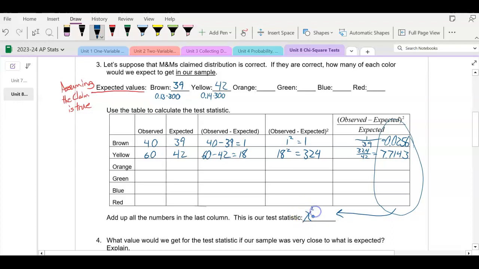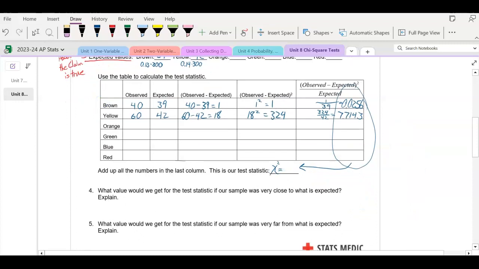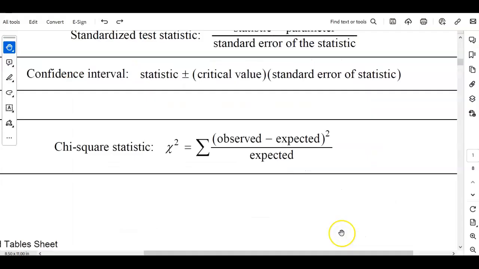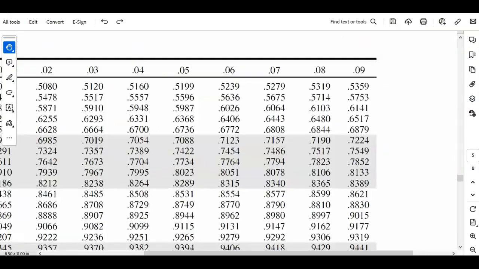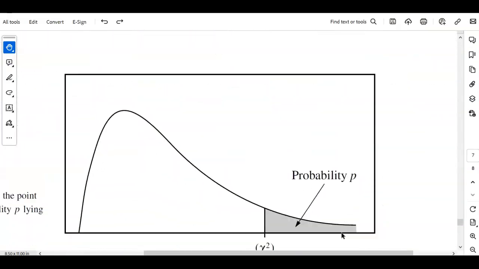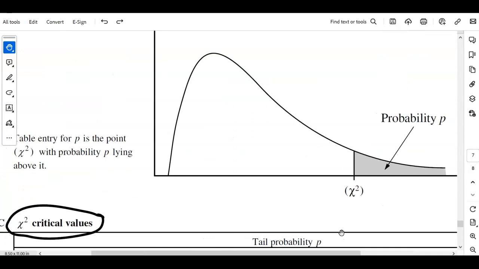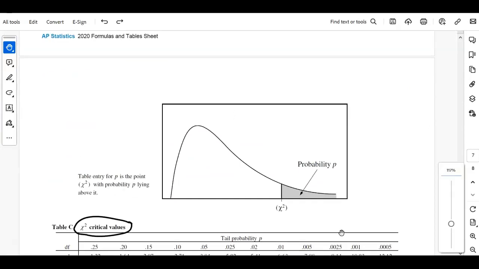The chi-squared equals whatever that total is. All right, so now we have to come to a conclusion. As we saw in that distribution I showed you, the distribution of the chi-squared statistic, the higher the value, the lower the probability is.